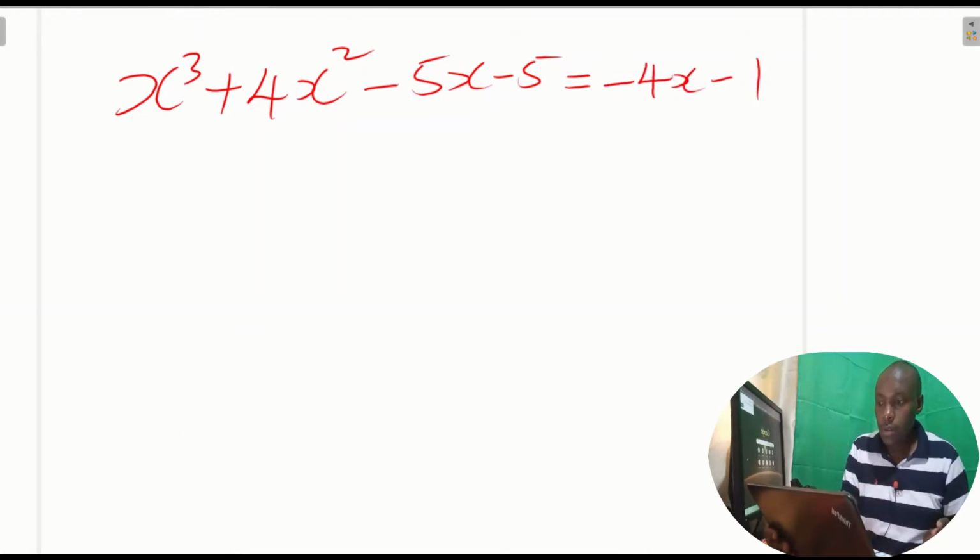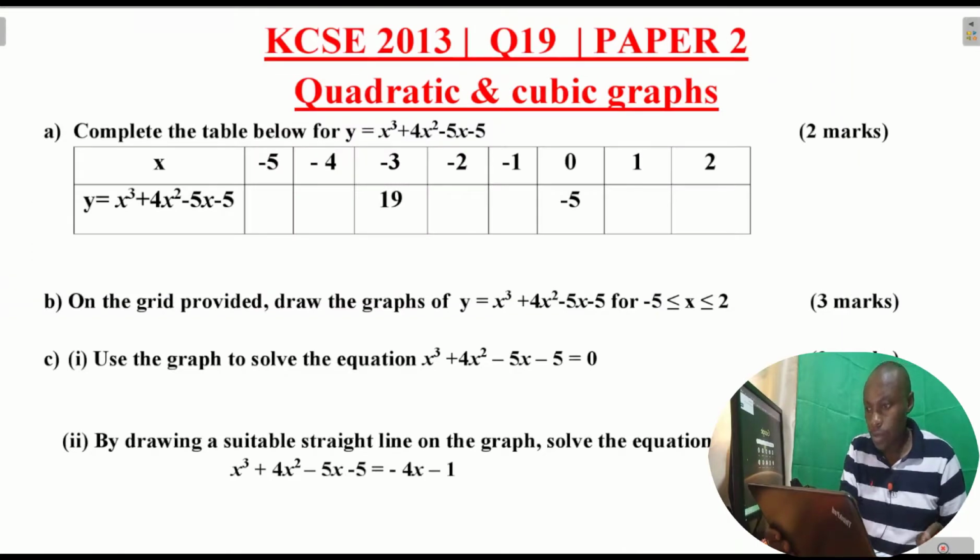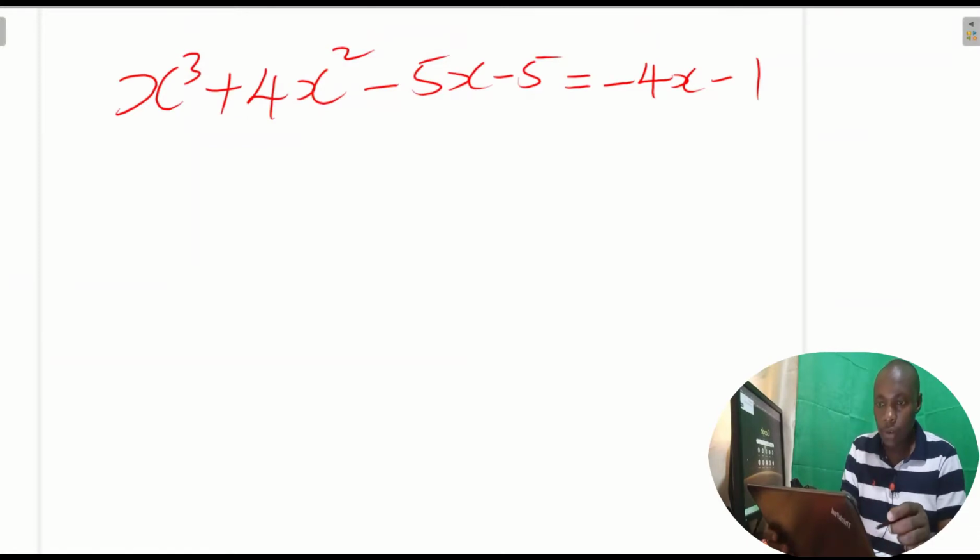So you're supposed to solve that equation by drawing a suitable straight line.